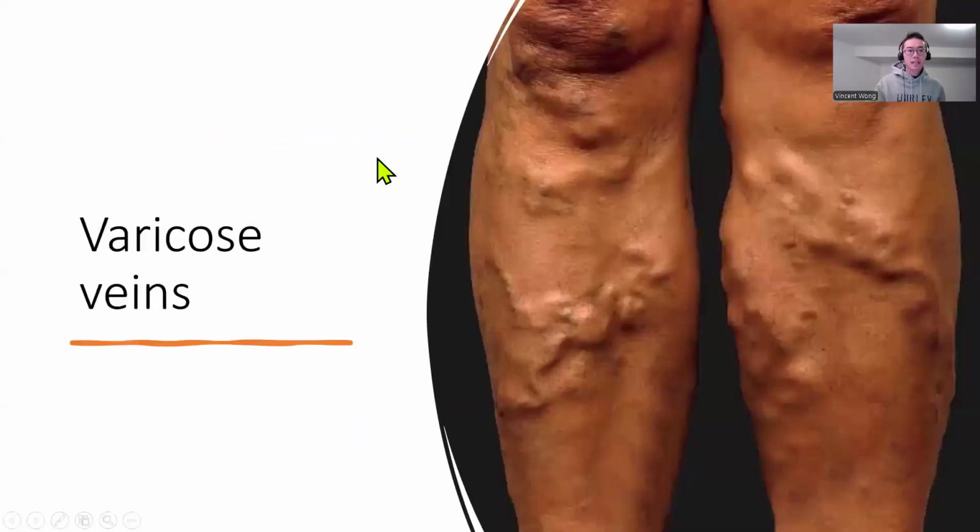Now, it is possible for people to have damaged valves in the veins. And if the valves are damaged, then the blood is pooling because it's not being returned to the heart, right? And all that pooling of blood can lead to bulging of the veins, and it's called varicose veins.